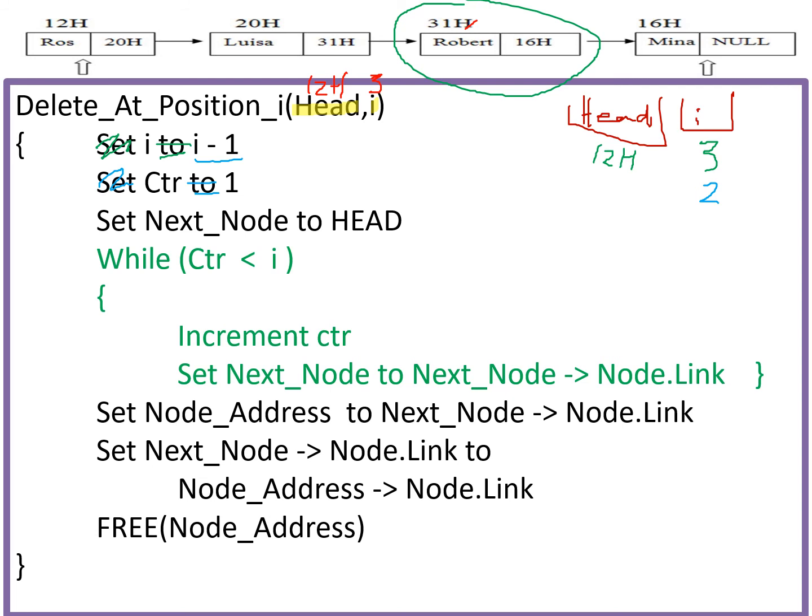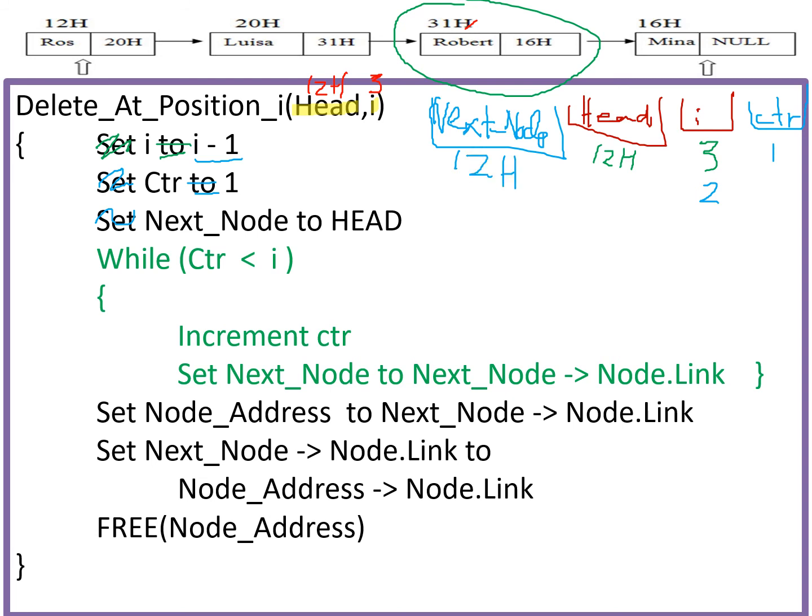We need a counter in order for us to know how many nodes we have read. Okay? So, initially, counter or CTR is equal to 1. And then, we have our next node. Next node is equal to head. So head is 12H. Okay?